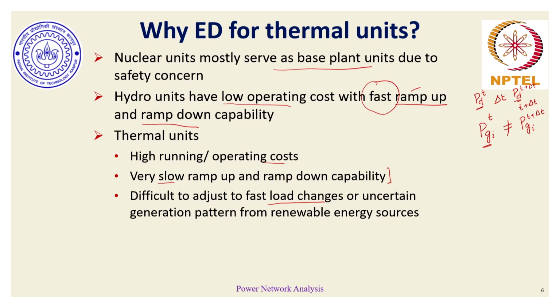So, if the generation is also changing from the renewable perspective, there has to be some generator which should act as a balance or buffer for this mismatch between generation and load as well as change in load. So, the difficulty is with slow ramp up or ramp down capability: thermal units have a difficult time adjusting themselves while catering to system power balance and security.